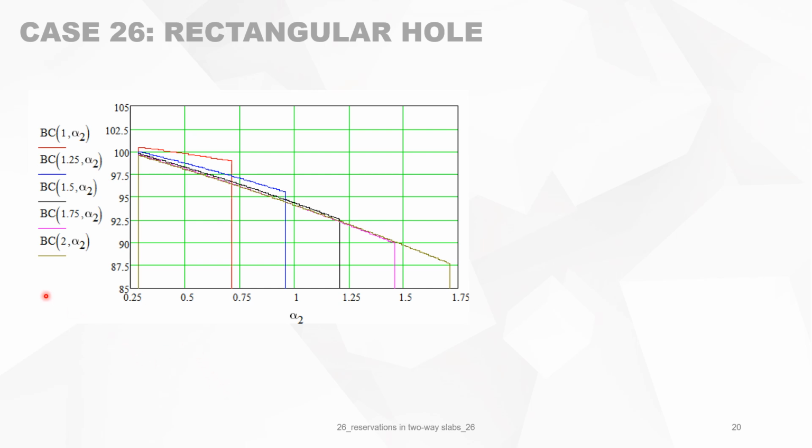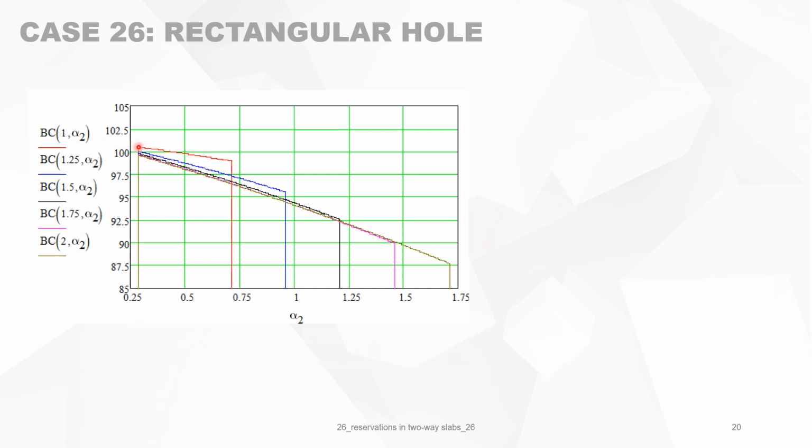Now we can calculate the bearing capacity for different values of alpha and different values of alpha 2. So in the vertical axis, it's the bearing capacity. Horizontal, it's alpha 2, which is the length of the reservation in our problem.